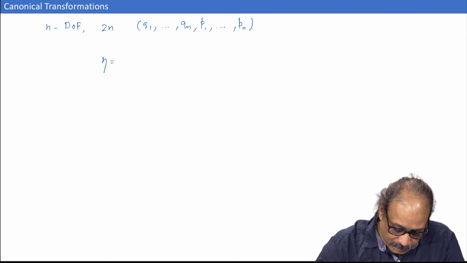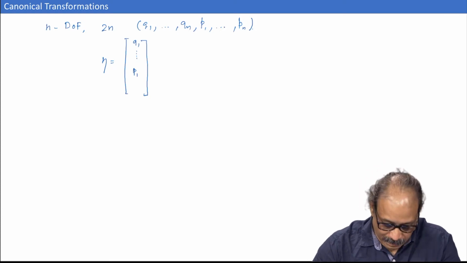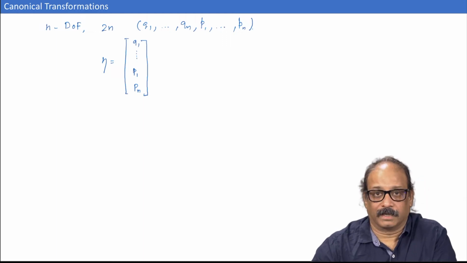Very simply, eta matrix is nothing but a matrix where you have q1 all the way, and there will be n q entries, and then the remaining n entries will be in terms of p1 to pn.